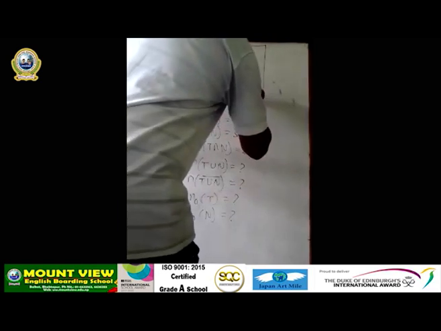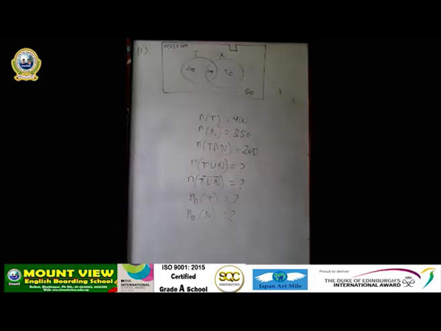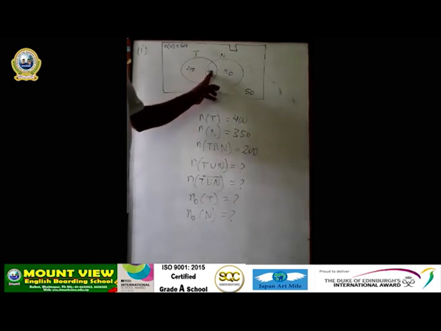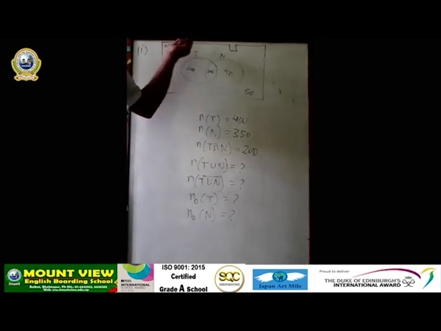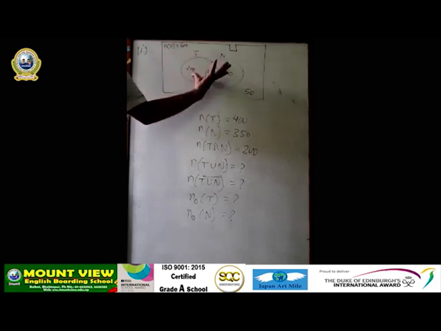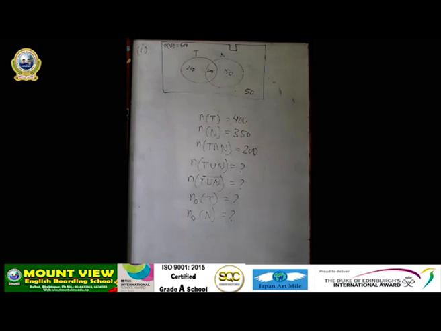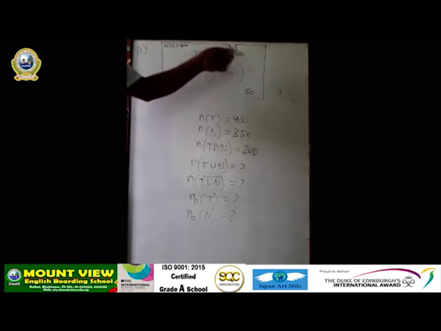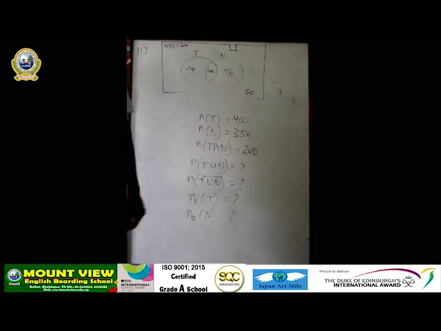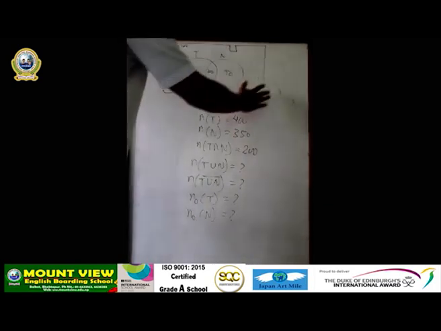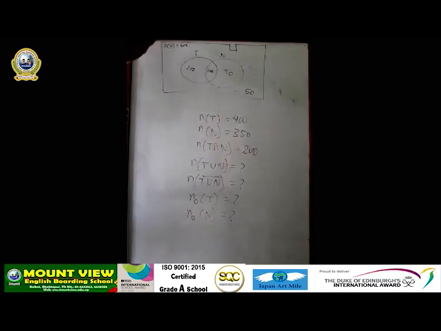So 600 minus 550 means 50. 50 people can speak neither Tamang nor Nepali. They can speak any other language, maybe Tharu language, or other languages than Tamang and Nepali. So this is your first part. The whole information is expressed in a Venn diagram like this.